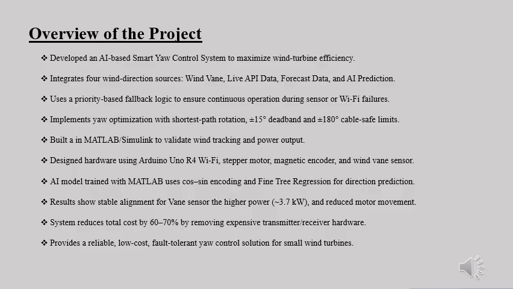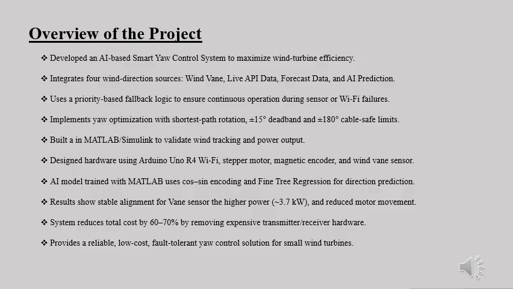A complete MATLAB simulation model was developed to test wind tracking and power output, while the hardware prototype used an Arduino Uno R4 Wi-Fi, a stepper motor, a magnetic encoder, and a vane sensor. The AI model training using cosine sine encoding and fine tree regression supports accurate direction prediction when real inputs are unavailable.